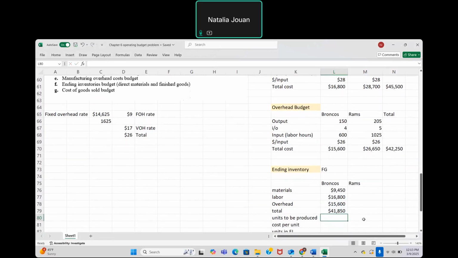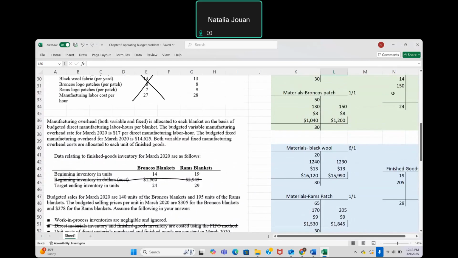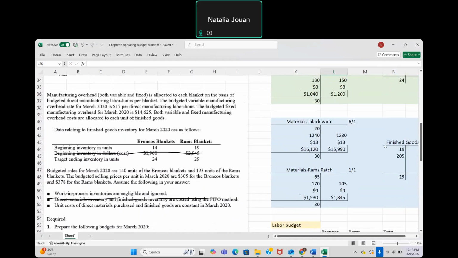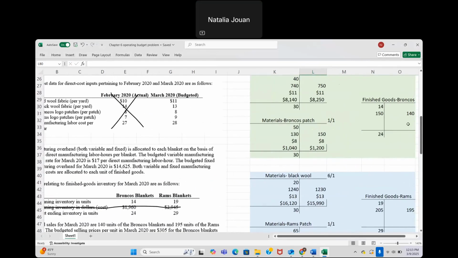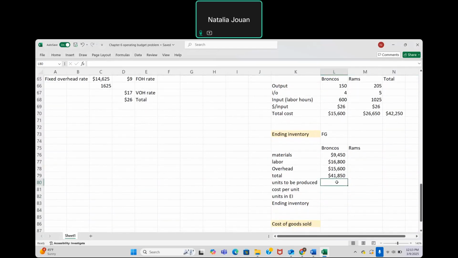41,850. Now, how many units are going to be produced? So this is the cost of making, what was it again? 150 units, okay? From the finished goods here, on the Broncos. 150 units. So if my total manufacturing cost for 150 units is that much, then what is my cost per unit?